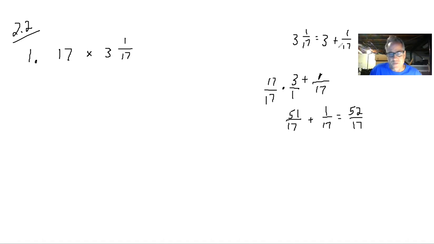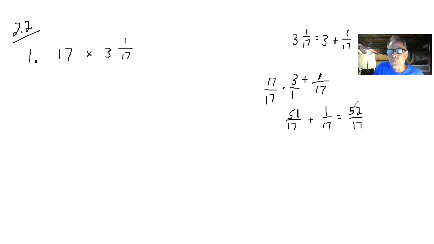You can add these up every time, and then we get the fractional form of 3 1/17, that mixed fraction, into what we call improper form. Now, this is just terminology. An improper form doesn't mean it's bad. Probably not the most well-named term. It is what it is.